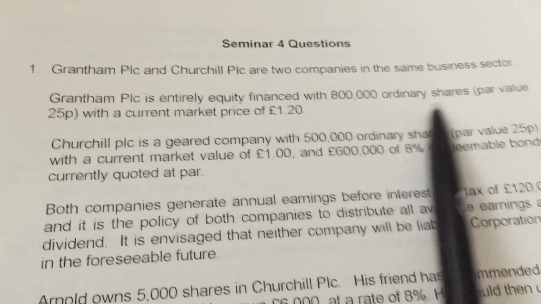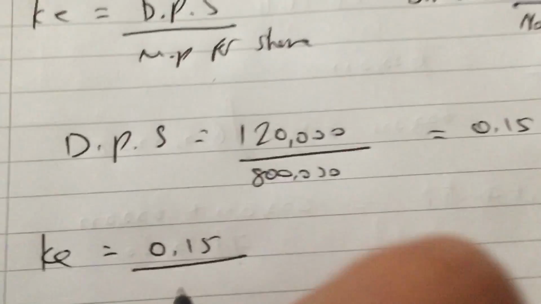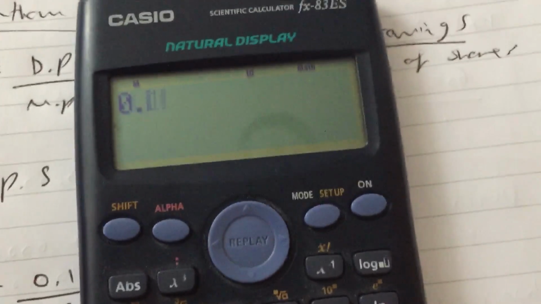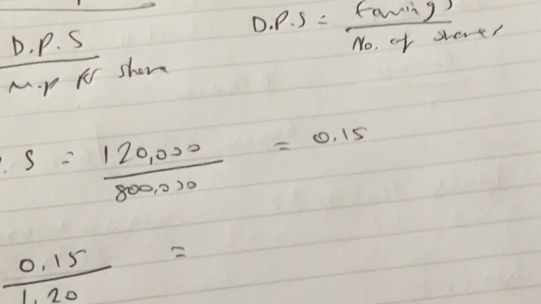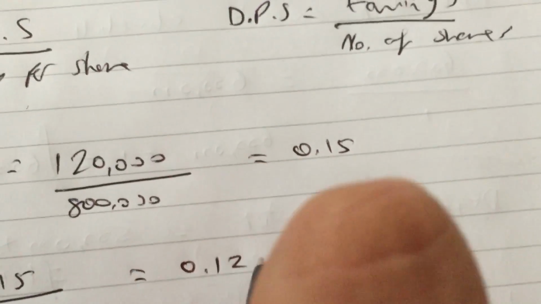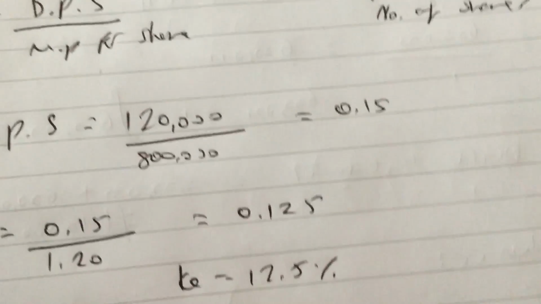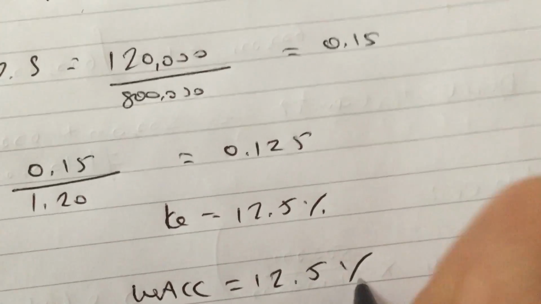What's our market price per share? Grantham PLC, entirely equity financed, 800,000 ordinary shares, current market price of £1.20. 0.15 divided by £1.20 equals 0.125. So our cost of equity equals 12.5%, and our weighted average cost of capital equals the same amount, 12.5%.